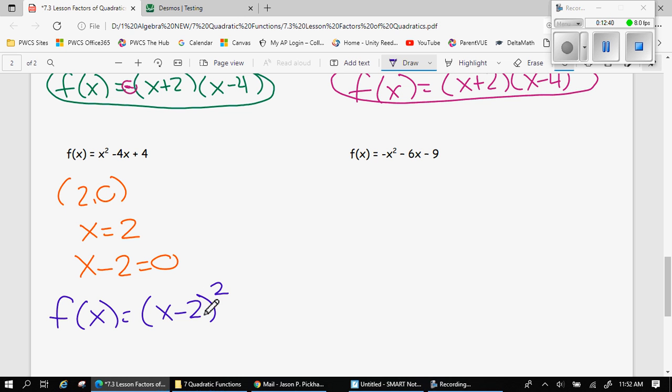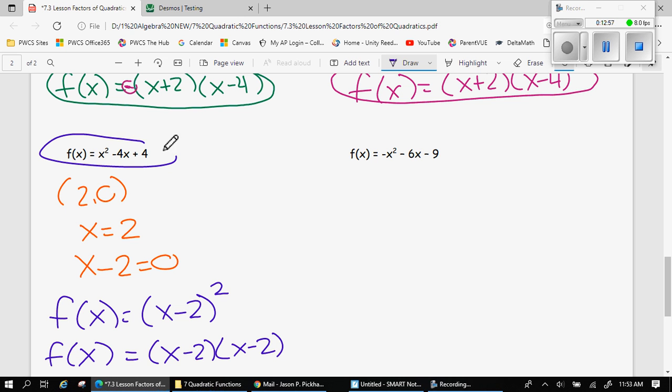So we would call this x minus 2 squared. And if we wanted to, we could write it like this, because when you square something, you multiply it by itself. Both ways are fine. And if we were to multiply these two, x minus 2 times x minus 2, we would get the function that we started with.